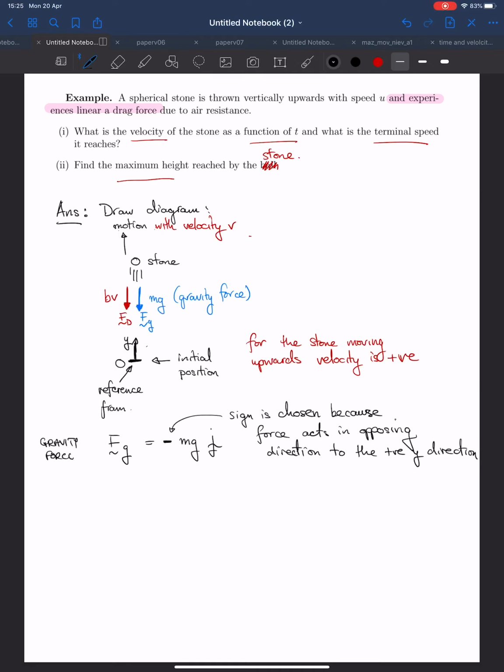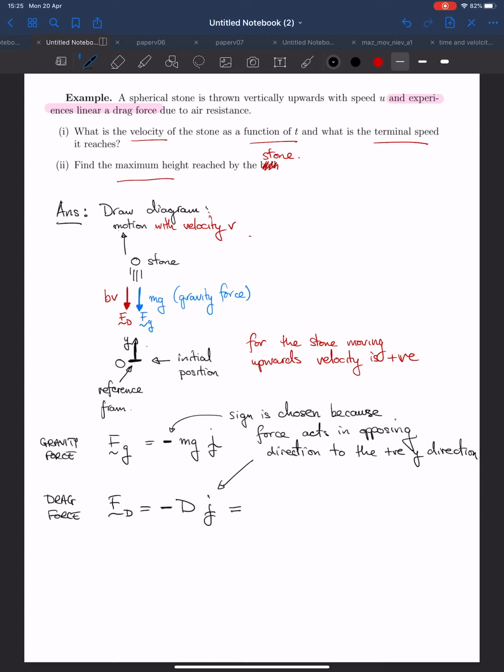In a similar way, we have the drag force, Fd. We must also supply this with a minus sign because it acts in the opposing direction to the positive y direction.